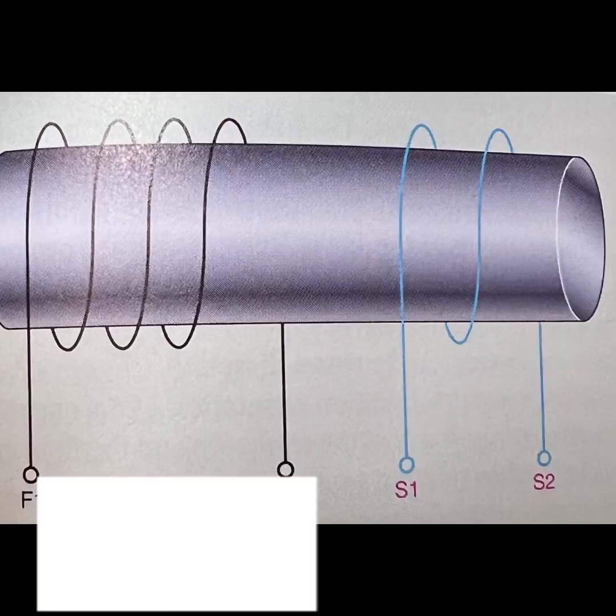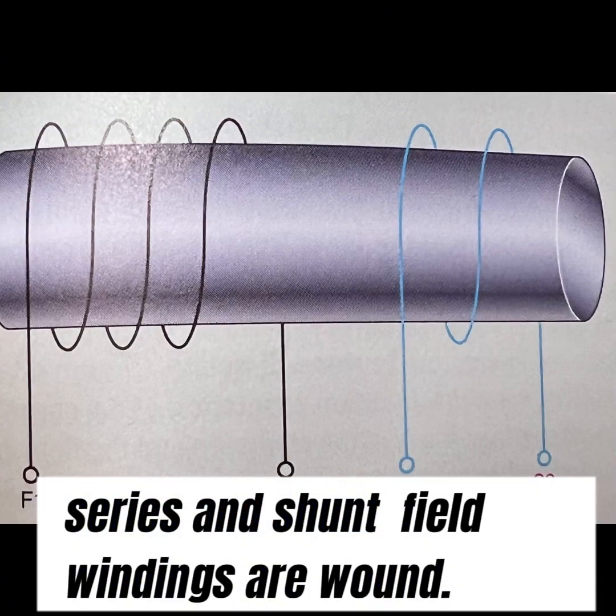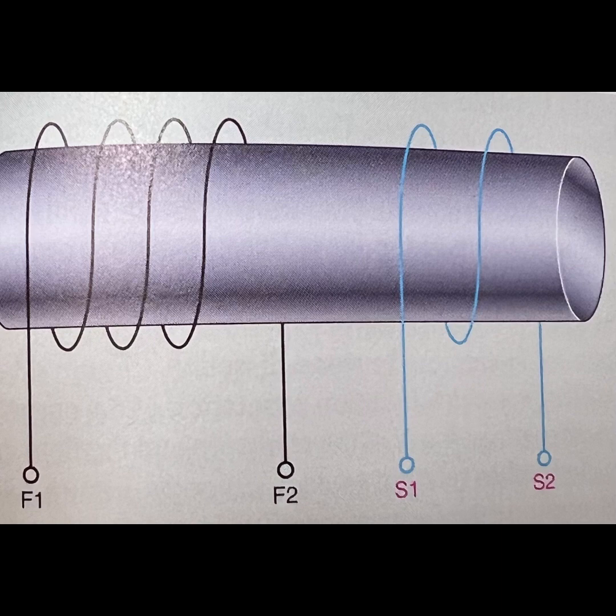When full voltage is applied to the field and reduced voltage is applied to the armature, the motor operates below normal speed. When full voltage is applied to the armature and reduced voltage is applied to the field, the motor operates above normal speed.